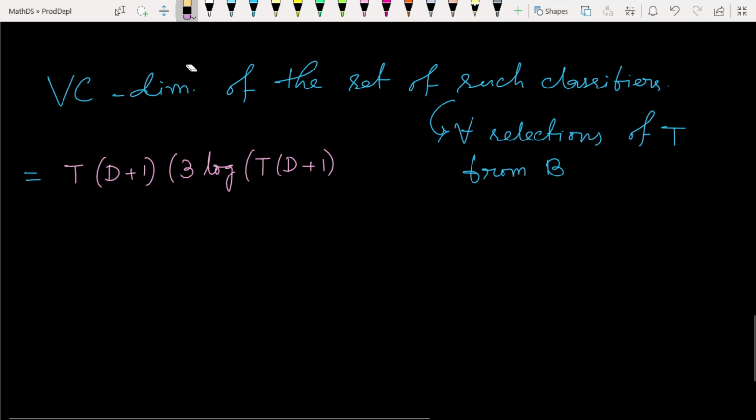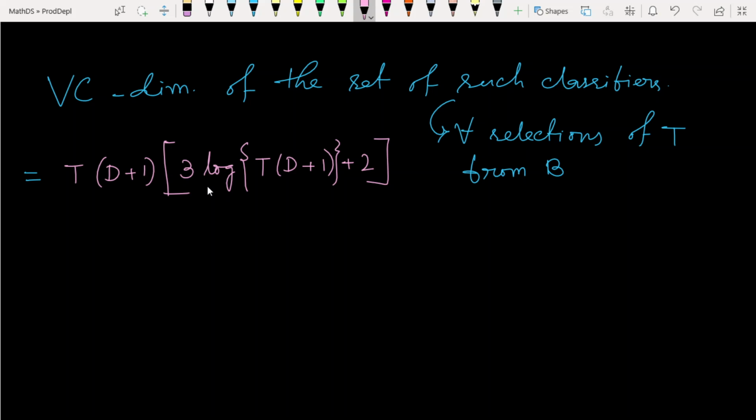It will be better if I use here this curly E plus 2. So this is the simple formula.